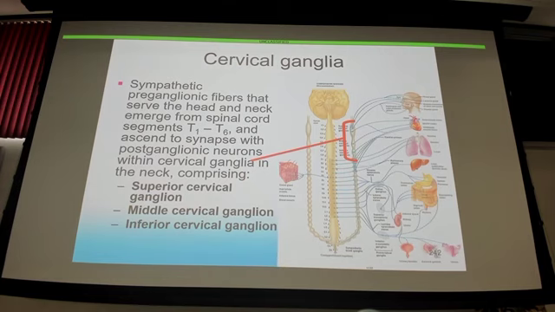So when you look at, I told you we're really just going to look at these cervical ganglia for where they're going and kind of as examples here. So these sympathetic preganglionic fibers that emerge from T1 to T6 ascend or go up the sympathetic trunk ganglia to synapse with neurons in the cervical ganglia.